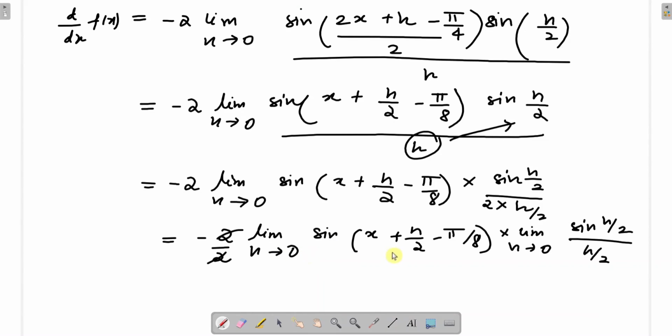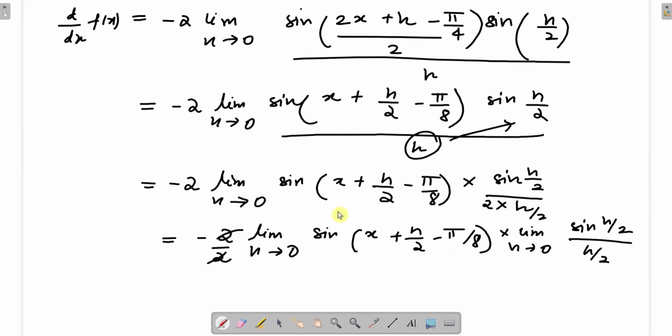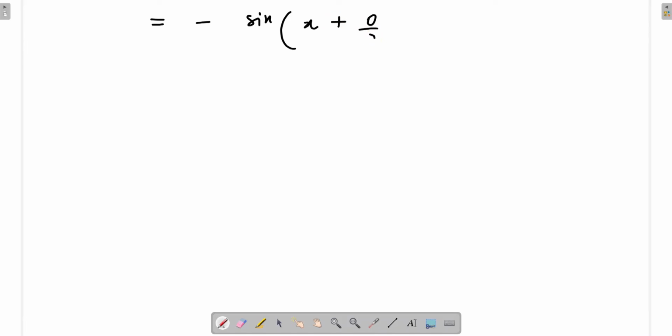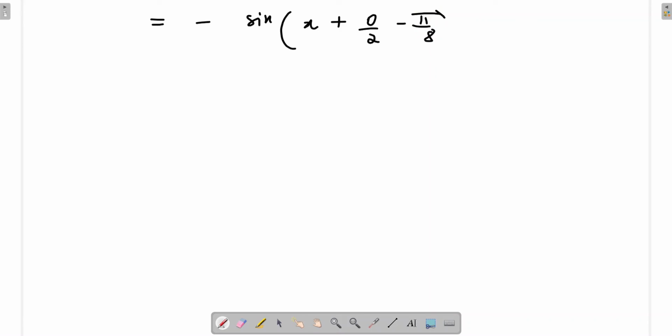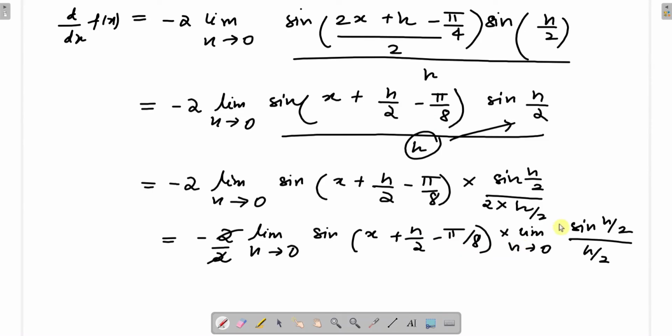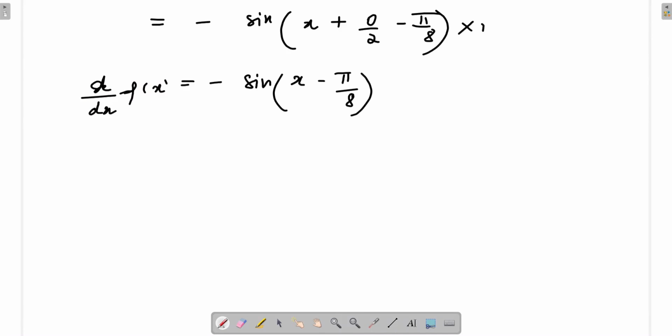So if we take the limit h tends to 0, what we will get? Sine of x plus 0 by 2, because h is tending to 0, and then we have minus pi by 8. Okay, so what will happen here? Limit h tends to 0, sine of h by 2 by h by 2 is 1. So we will get minus sine of (x minus pi by 8), right? So derivative of f(x) is equal to this. This is the answer.